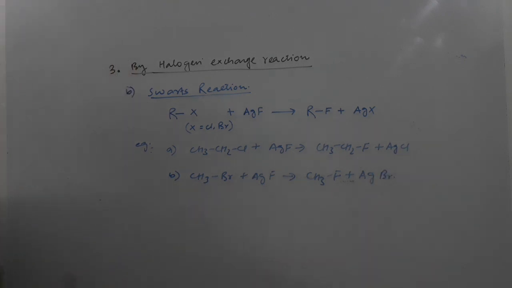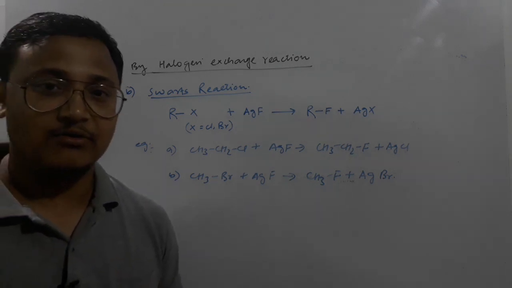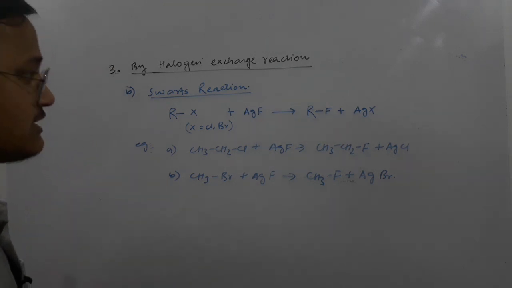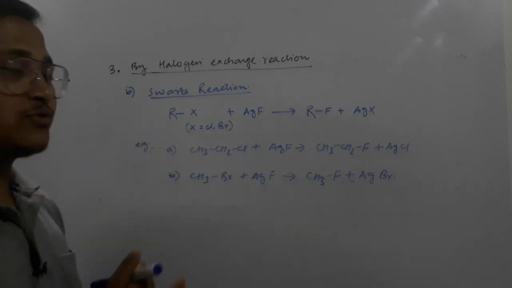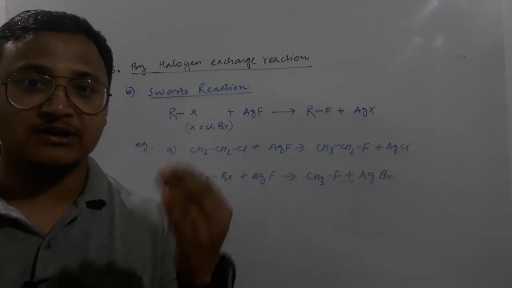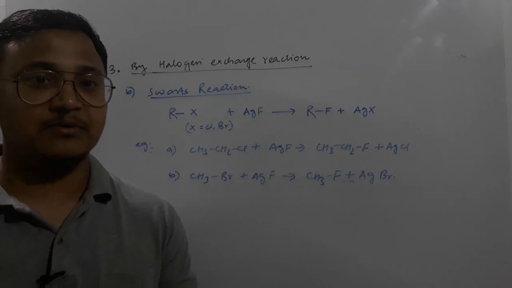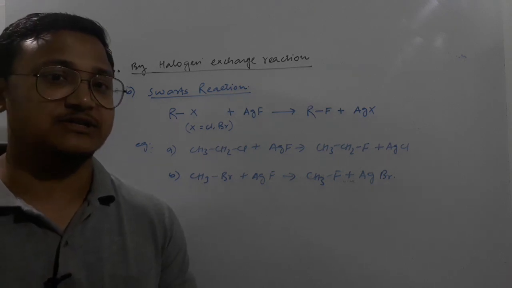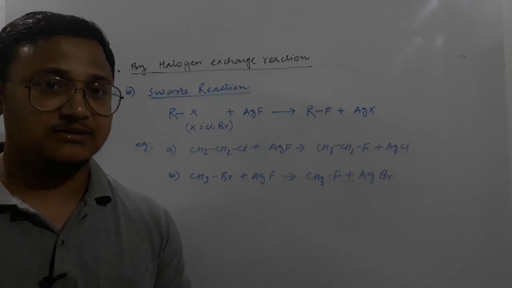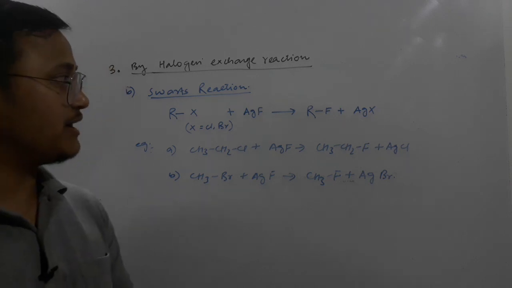So this is all about the preparation of haloalkanes. I hope you guys were able to understand these things. Try to go through these two reactions also. They may ask in your examination what is the Swarts reaction, give one example, or what is the Finkelstein reaction, give one example.